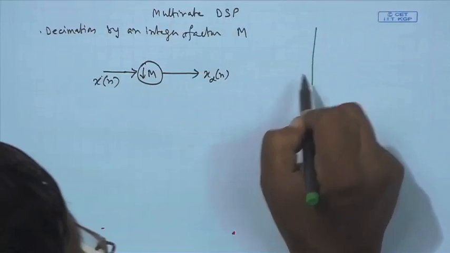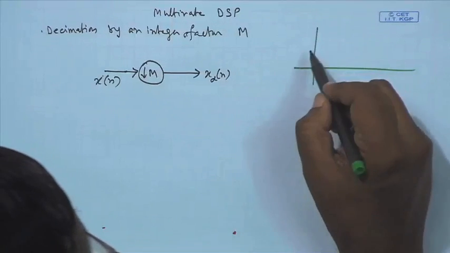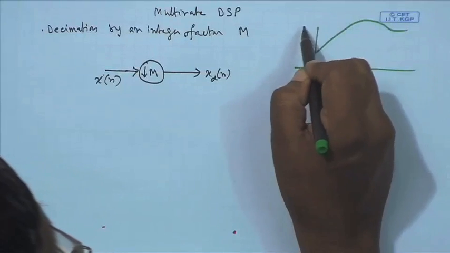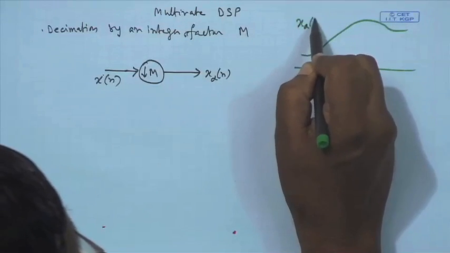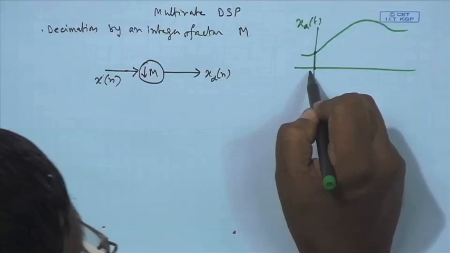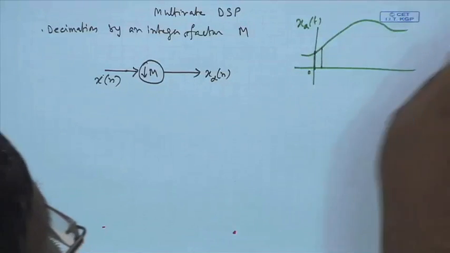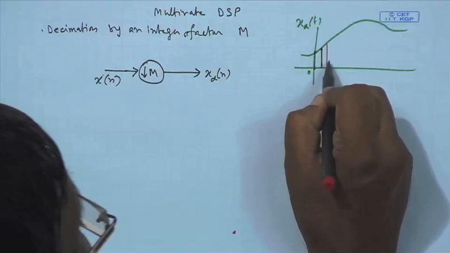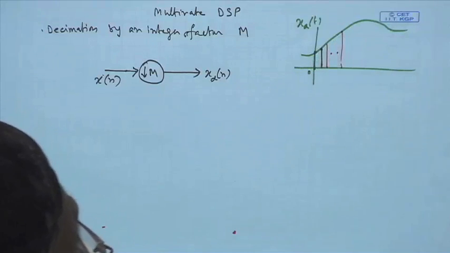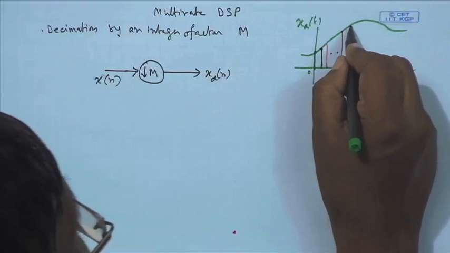Suppose x n was obtained, as an example, by sampling an analog function. There was an x a t, you had sampled here, then here, here, and then again at this point.